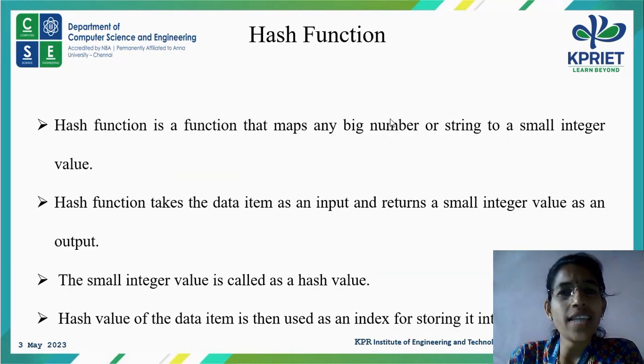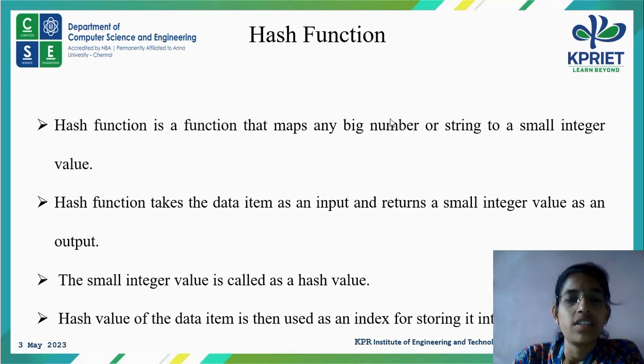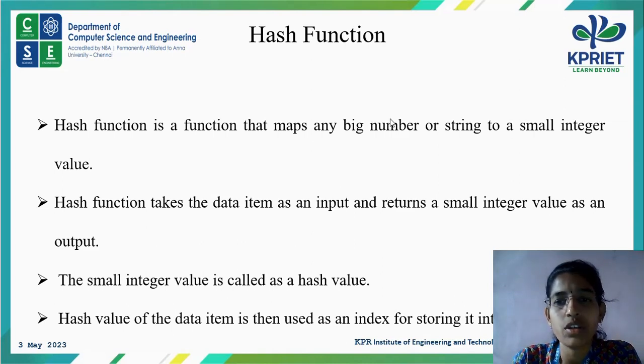So what is a hash function? What does it do? A hash function maps a big number or string or any input and converts it into a small integer value. Why do we want to convert it into a small integer value? Because the table size is within a particular range, so the indexes are integers like 0, 1, 2, 300, 1000, 10,000.